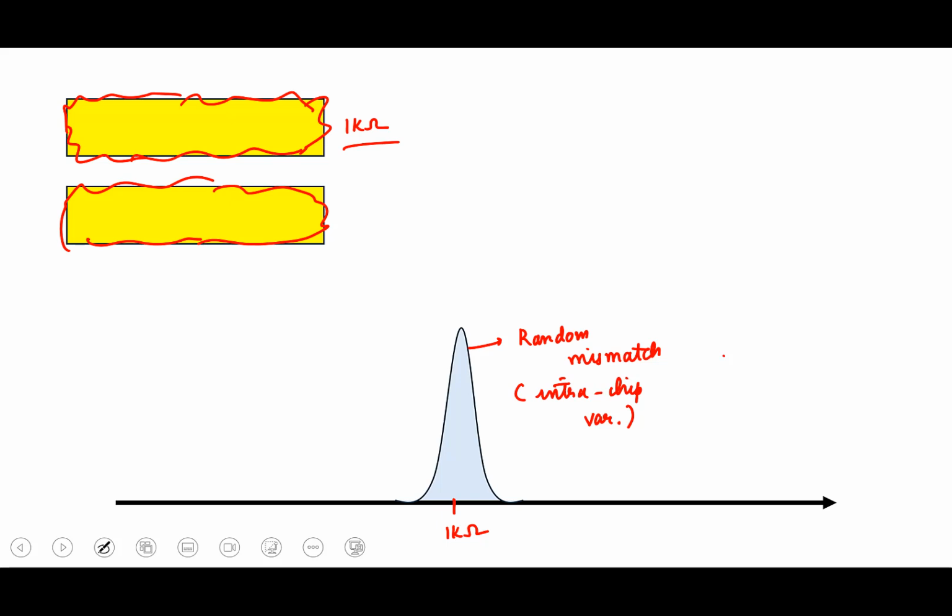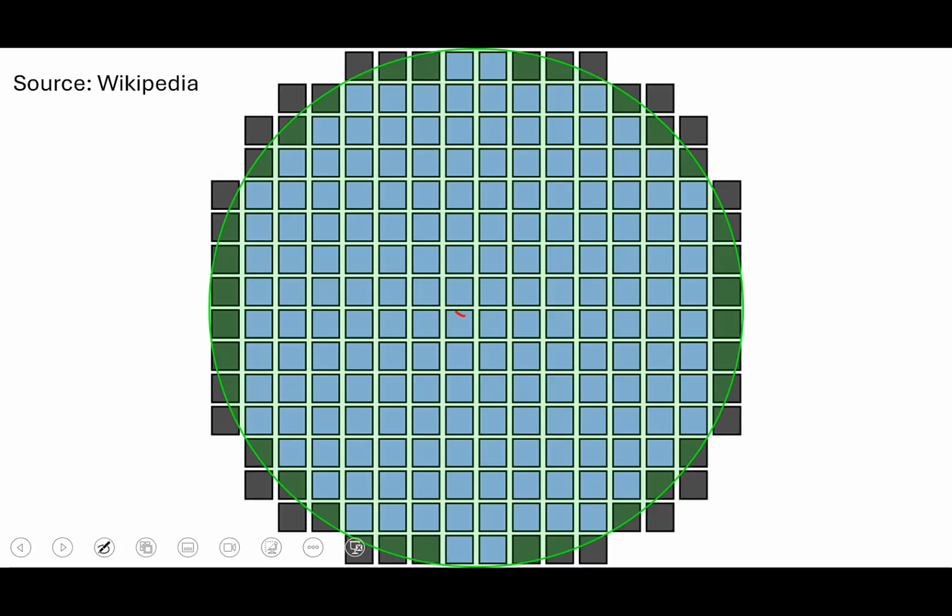So now let's say this is the wafer, and this is the chip I looked at. Here I saw the mean value of all the resistors is 1 kilo ohm. Now let us say I look at this chip here and do the same experiment, finding the mean of all the resistors. Here the mean might be 1.2 kilo ohm.